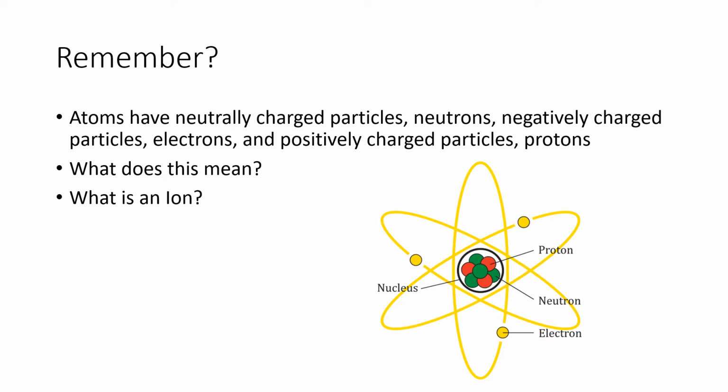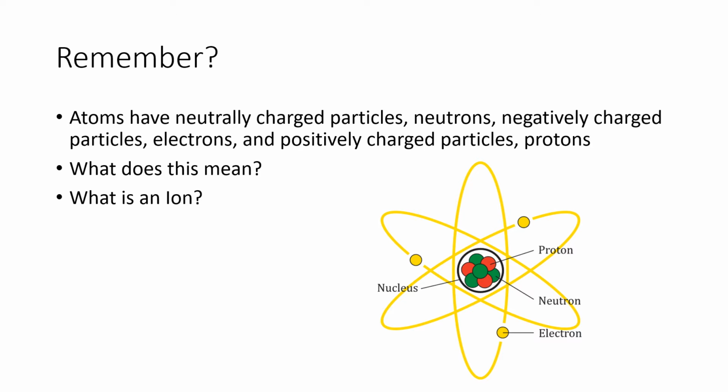It's important to know that neutrons are neutral, meaning they don't contribute any charge, not positive nor negative. Protons contribute a positive charge. They are positively charged particles. And on the outside, spinning around the nucleus, we have the electron, and the electron is negatively charged.